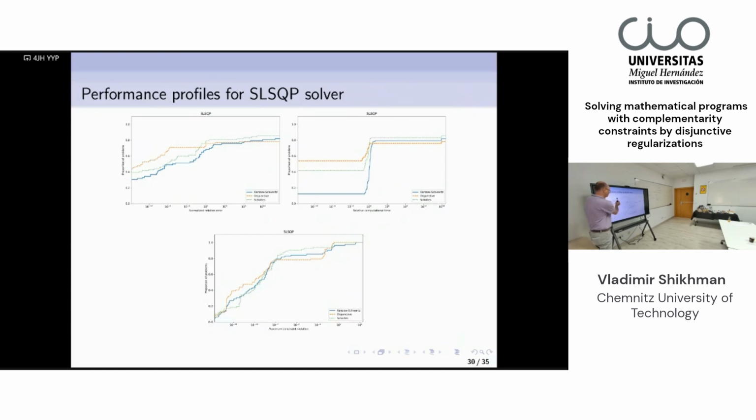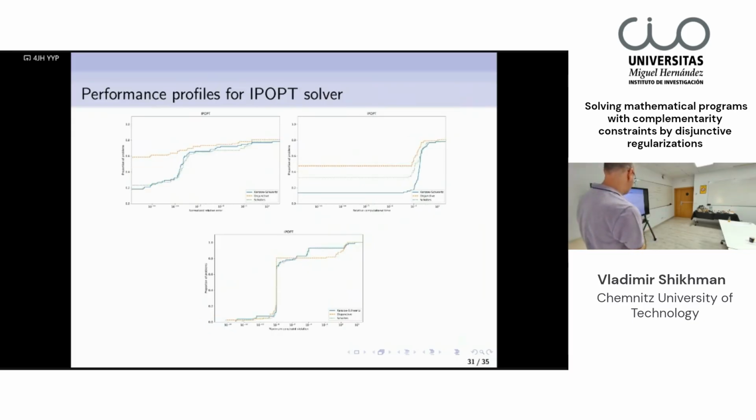Ours is red. This is a performance profile. So at least if you want a very precise solution, disjunctive just works better. The green is Scholtes, and the blue is Kanzow-Schwartz. You see, Scholtes works better if you do not want good precision, but at least here ours works better.